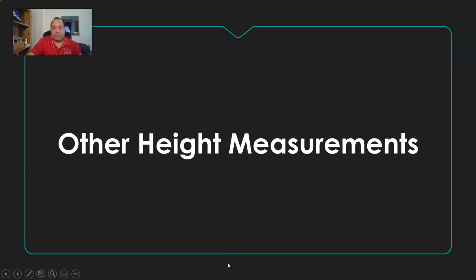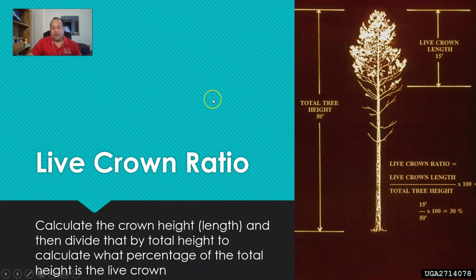So then other height measurements, we're going to focus on one other one. And really we've talked about it already, and that's the idea of this crown length, or height of the crown, however you want to say it. Because we want to calculate something called live crown ratio, which basically helps us to know how healthy our trees are.